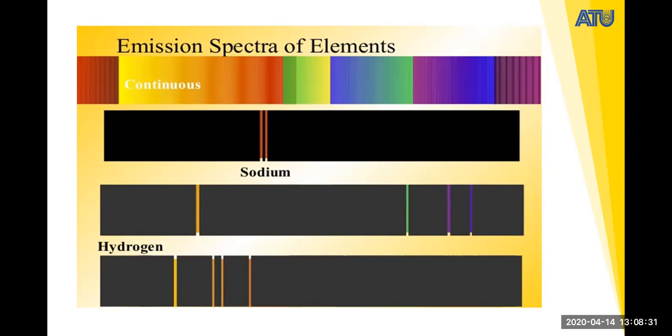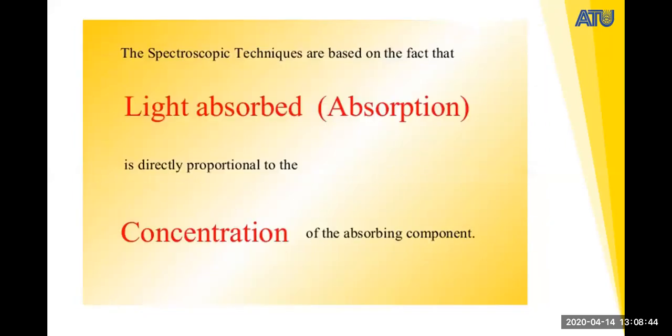The color of sodium may be a black color, and the color of calcium may be gray. Spectroscopic techniques are based on the fact that light absorbed, this is absorption, is directly proportional to the concentration of the absorbing component.